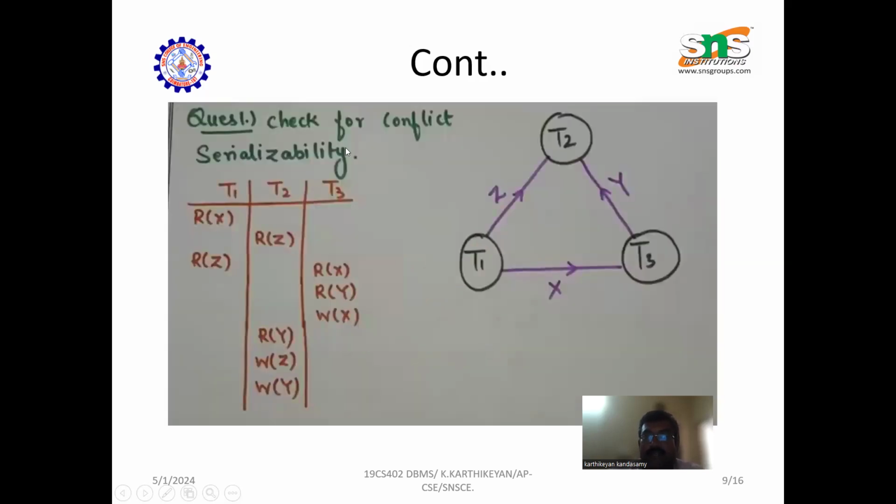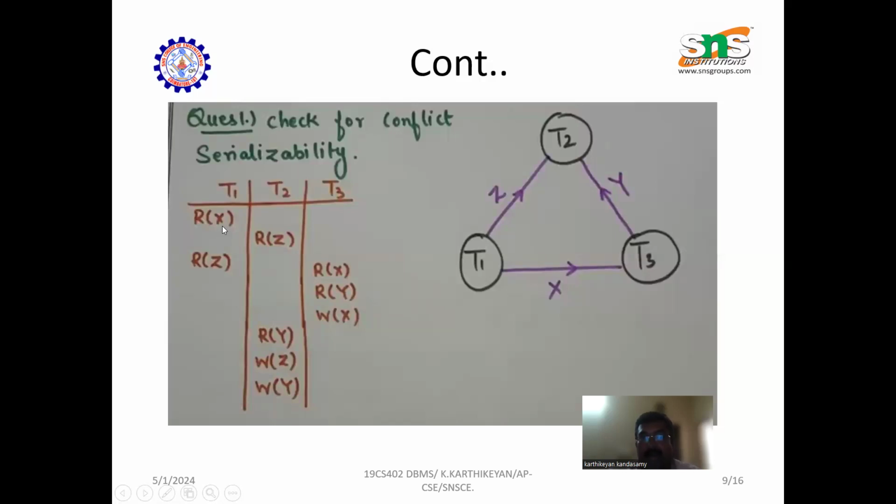Quick exercise to check your conflict serializability. First, transaction 1: RX, RX, RX, RZ. Transaction 2: RZ, RY, WZ, WY. Transaction 3: RX, RY, WX. First, the read and write operations can be followed.